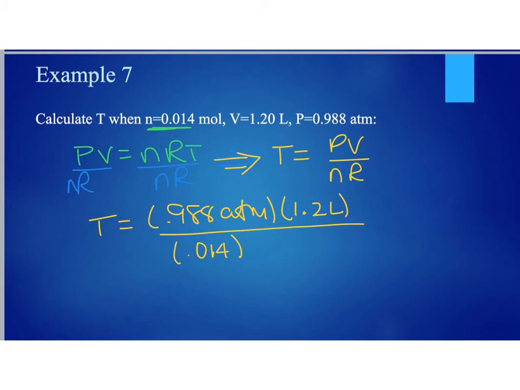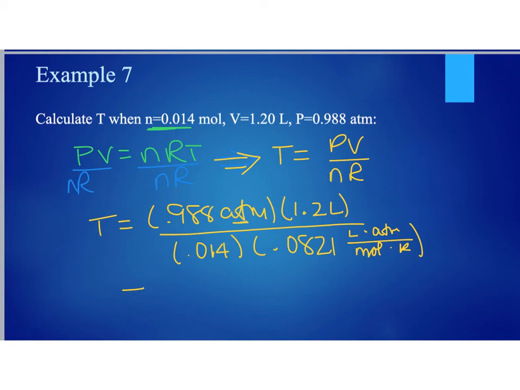And our R value, because my pressure is in atmosphere, is going to be that 0.0821 liters times atmosphere divided by moles times Kelvin.